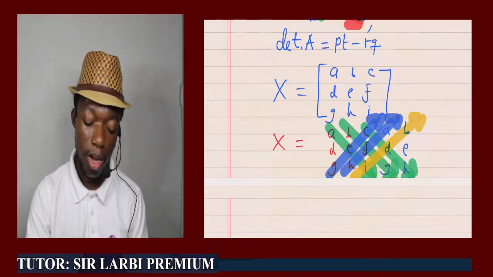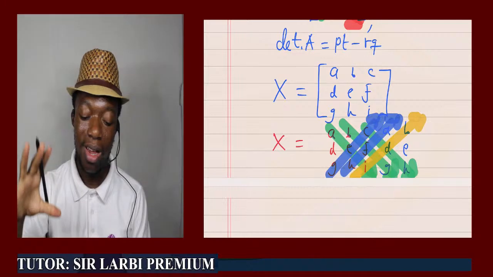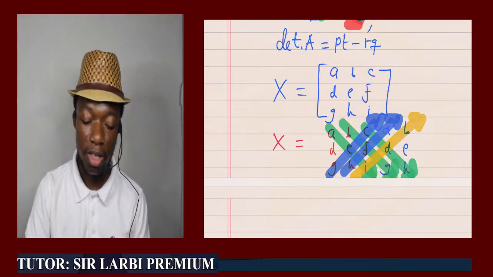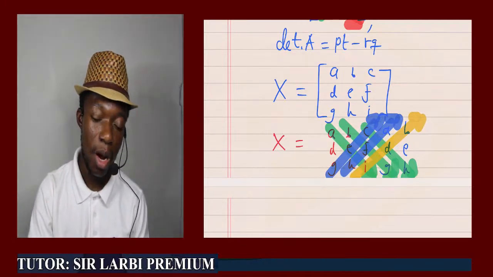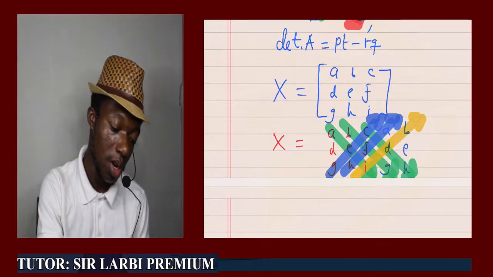Okay, so once you have the upward and downward diagonals, you find the product of the downward, you find the product of the upward, you compare the two, then you are good to go.